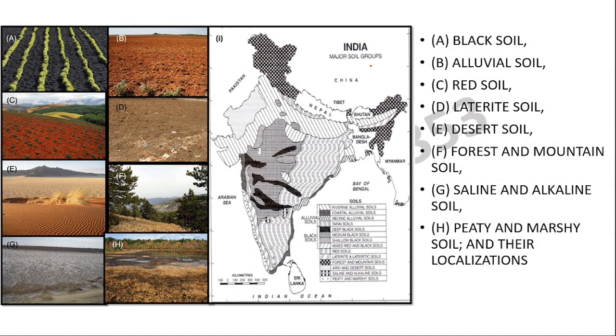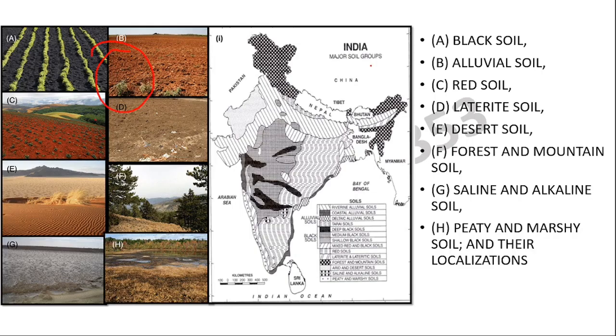Here you can see black soil, then we have alluvial soil, then we have red soil. On the D we have laterite soil.